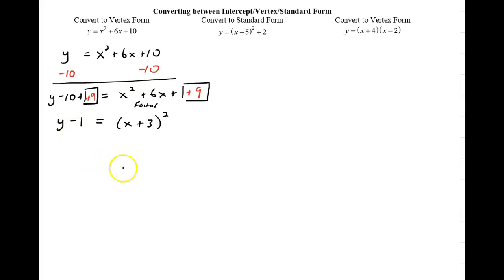And now I just want to move the 1 to the right side to put it in vertex form, because in vertex form the y is going to be by itself. So I get y equals x plus 3 quantity squared plus 1. So this is equivalent to this.